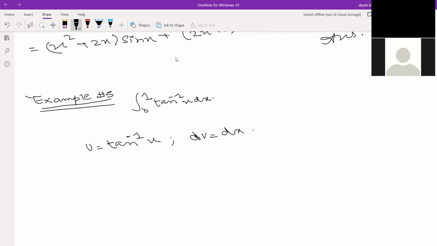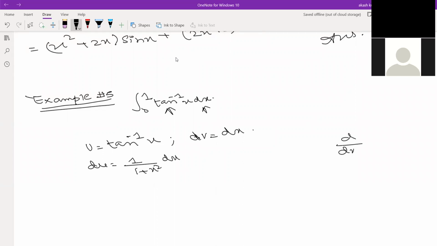Because we don't have any other choice, we take u as tan inverse x, since there's only one function. The other function is dx, so we don't have any choice of which one to choose as u or dv. So we took u as tan inverse x and dv as dx. Now du will be 1 over 1 plus x square dx.